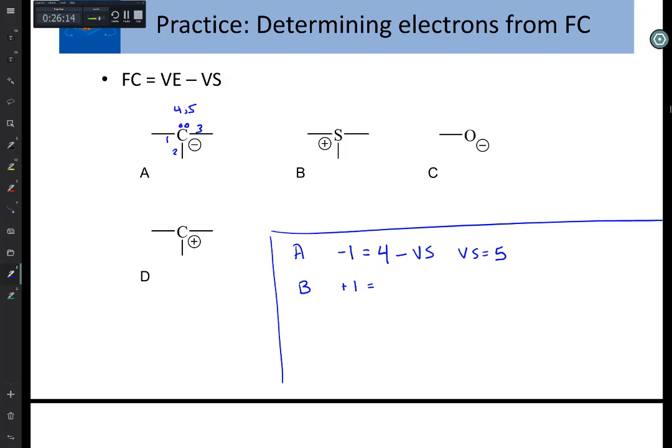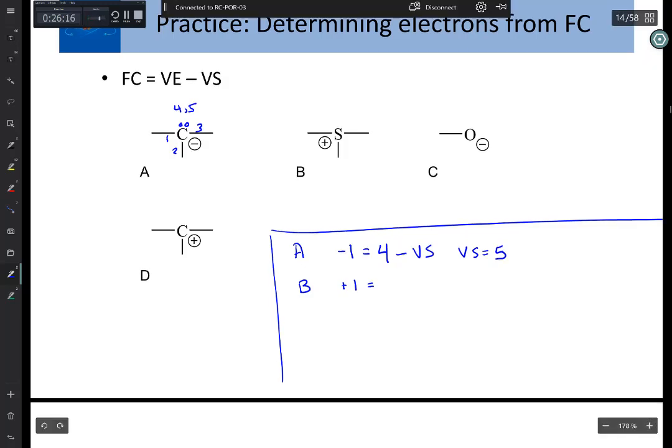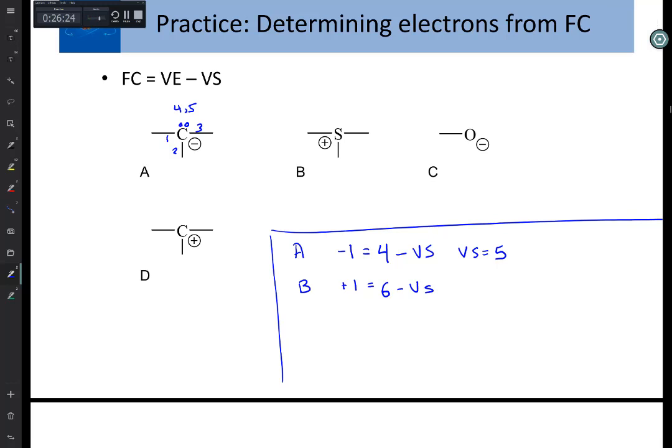The only thing missing from this room. Minus the valence state. So what is it? 5 again? Yeah. And then it's going to be, again, 1, 2, 3, 4, 5. 1, 2, 3. This is 4 and 5.